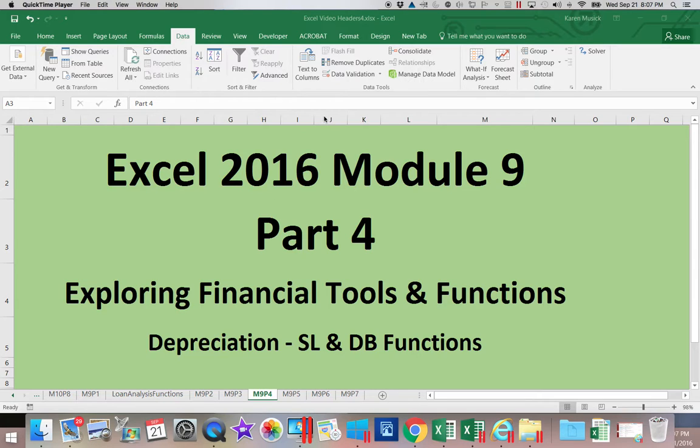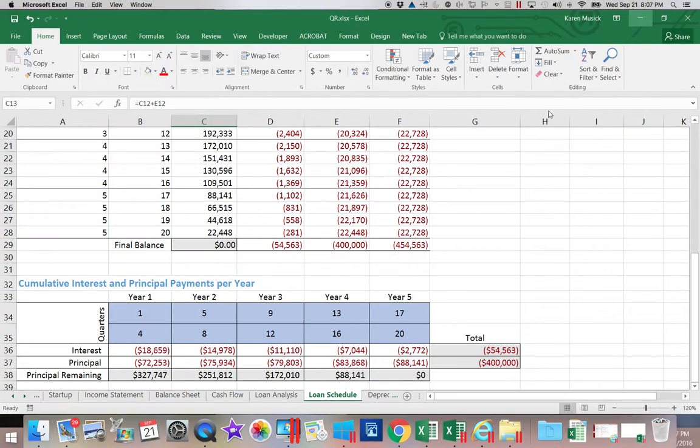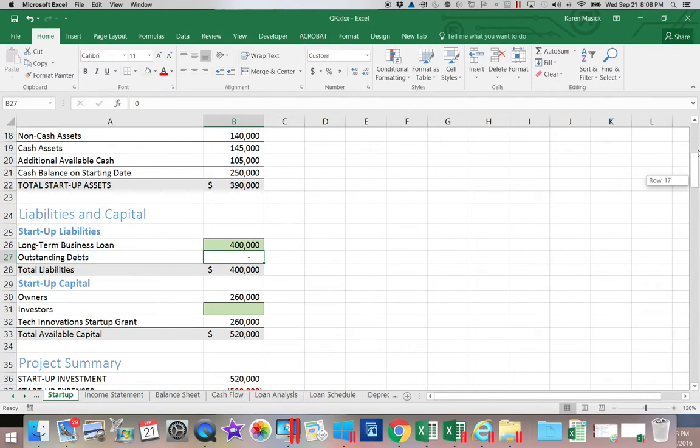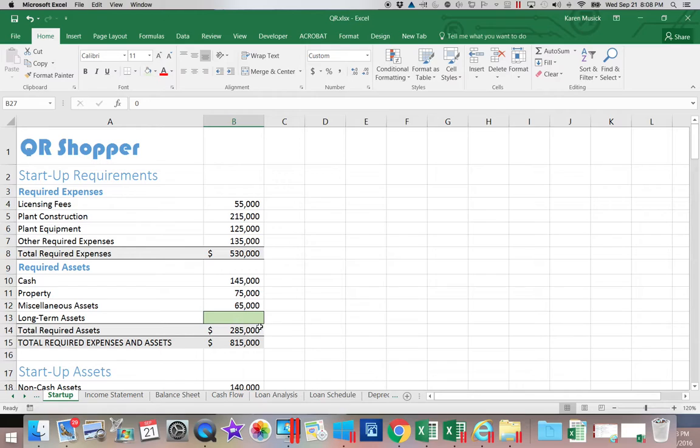So let's take a look back in our workbook. We finished our amortization schedule and our loan analysis. We're going to go back into our startup and look over here at our assets.